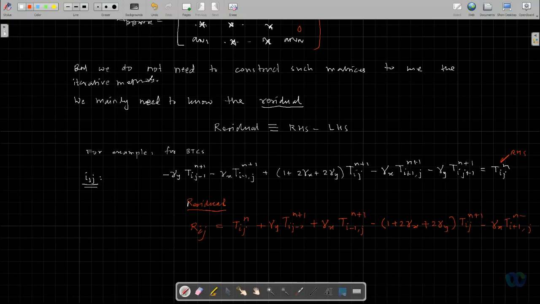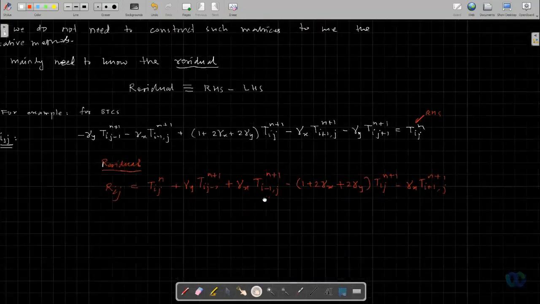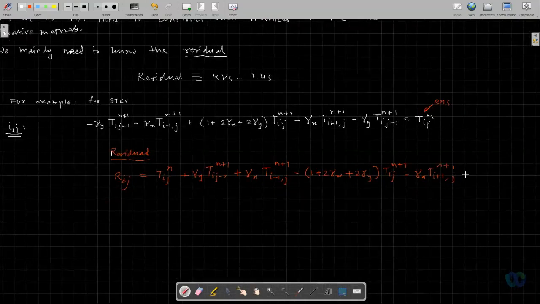Then what do we do with the residual? We'll see. Let me write this i j plus 1 n plus 1. So this is the residual. Now what is to be done with the residual? Along with this, we will also note the central coefficient, the diagonal element.